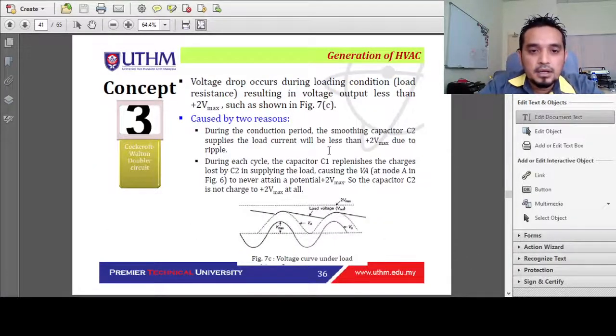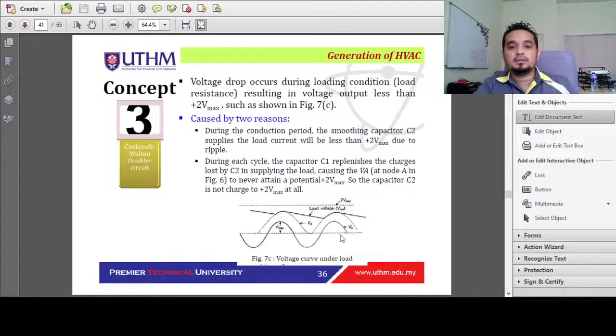Voltage drop during the loading conditions. Loading condition means that we put an external load, in terms of resistance, and that will never achieve 2 Vmax. There are two reasons.